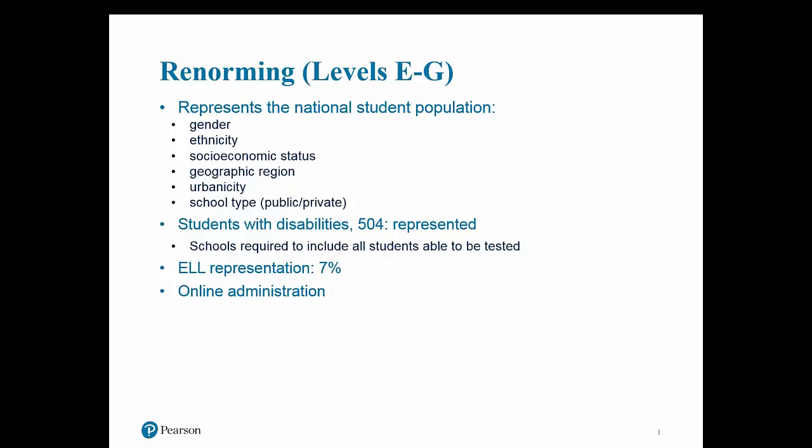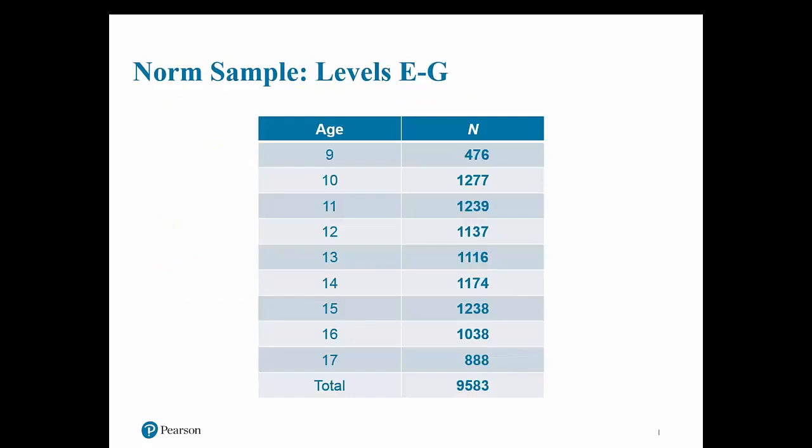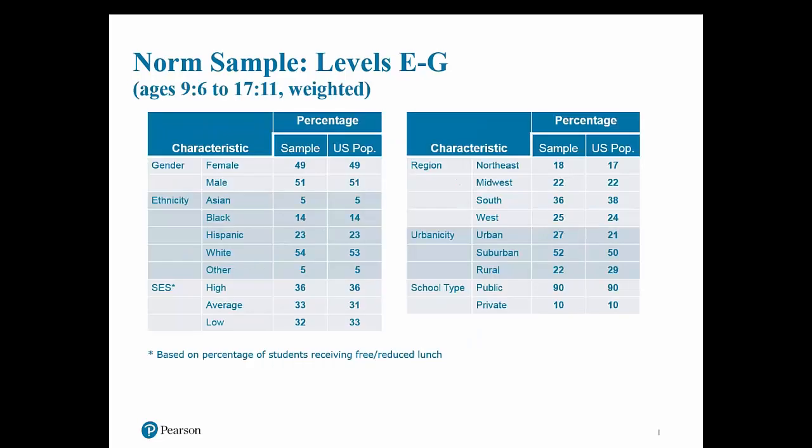It's lower than at the younger grades, and that reflects what is true in the general population. And all of the administrations were online. This gives you the distribution of cases by age in the upper grades norm sample, and the demographic distribution, again, very closely matched to the U.S. population.